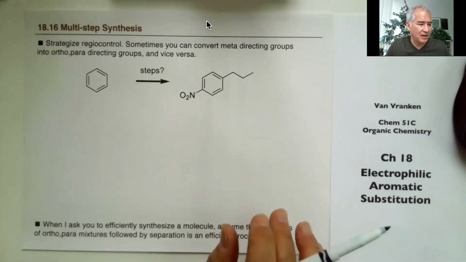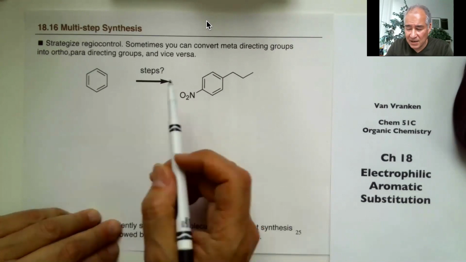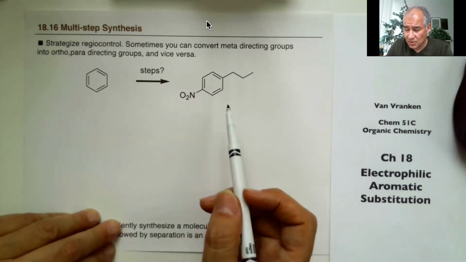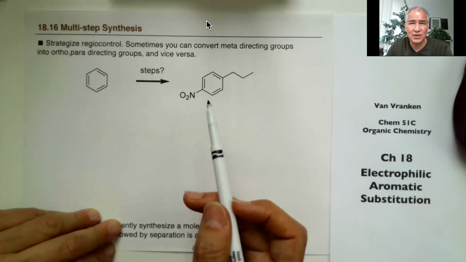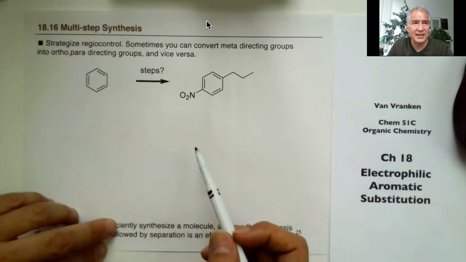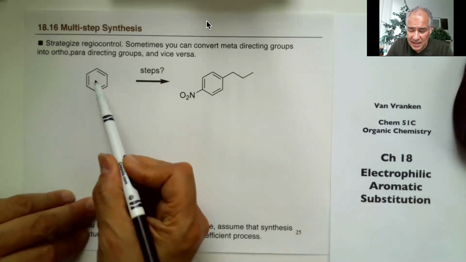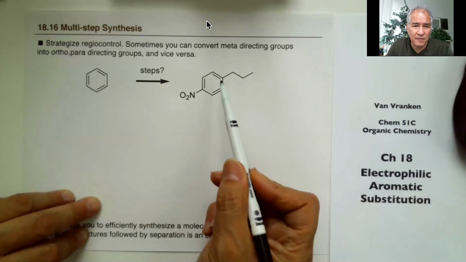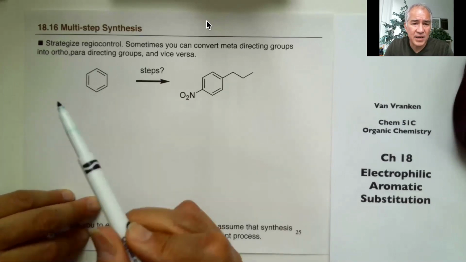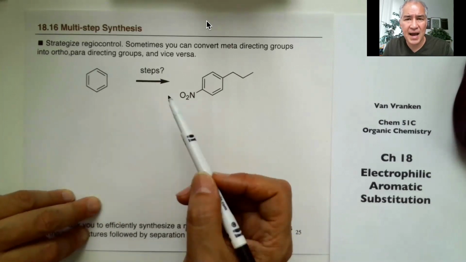So here's an example of a type of synthesis question that you would be confronted with either on exams or in discussion sections or in sapling problem sets. In any class, this is the kind of question that they like to ask. The example would be, if you start with benzene, how do you synthesize this molecule over here using the correct reagents and the correct conditions and the correct sequence of reactions?